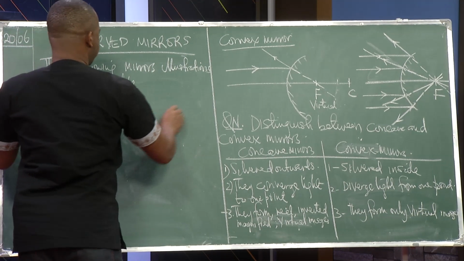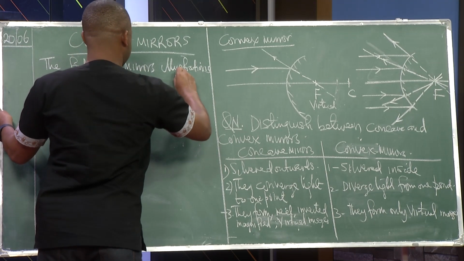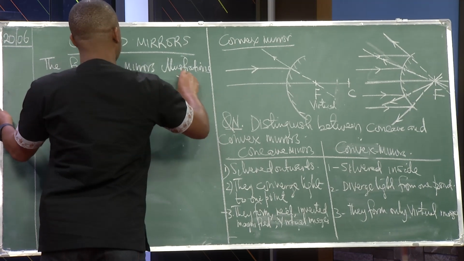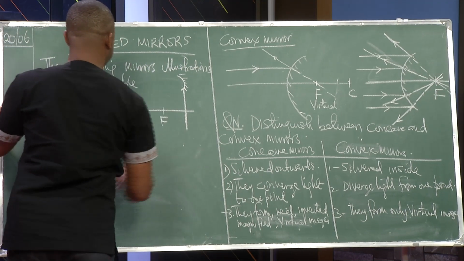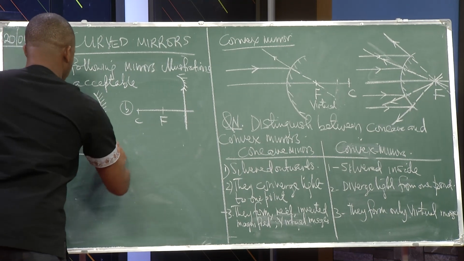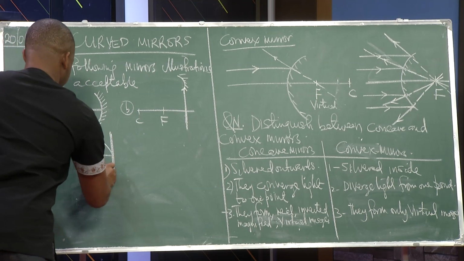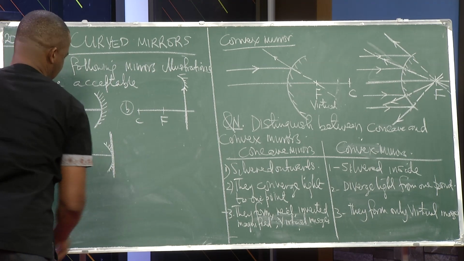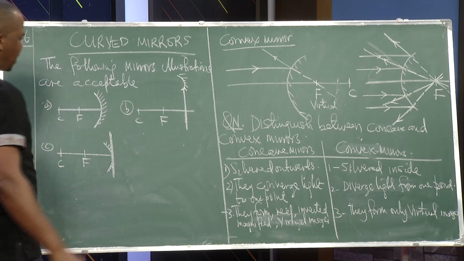We are allowed to represent our mirror like this if it is concave and still put our points, or last but not least, we can use this, a small cross-section at the pole, as long as we indicate the type of mirror.